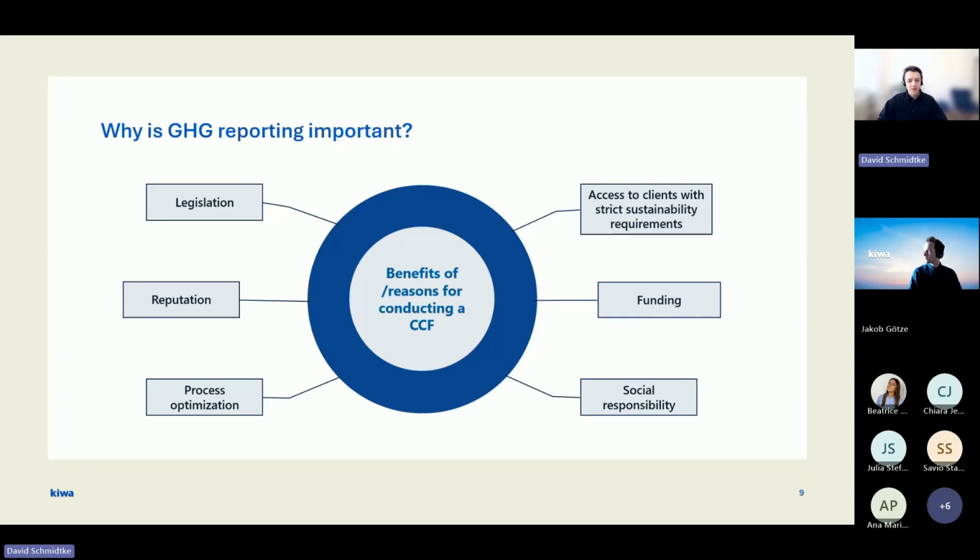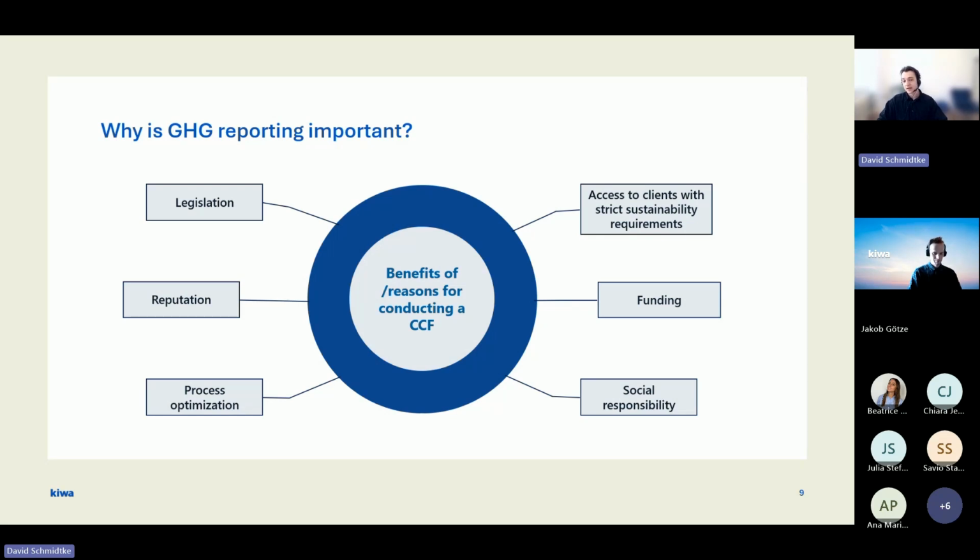Through the increased incorporation of sustainability metrics in public tenders, a CCF can also become a requirement to access certain markets or companies. This is, for example, in Scandinavian countries, a big thing.